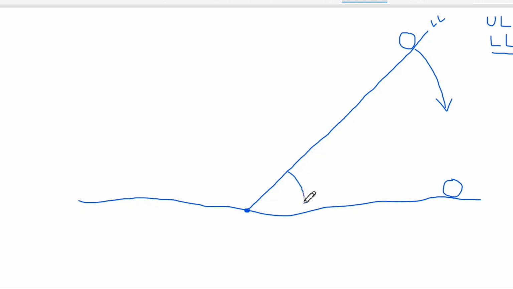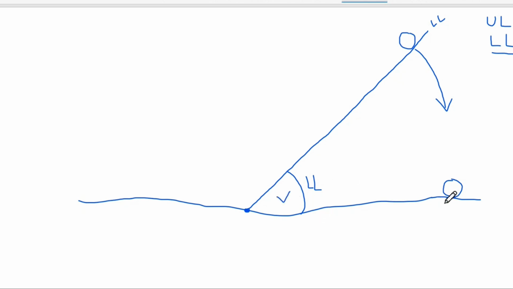So basically this is the lower limb altitude of the sun. Now in case of a back angle, this was a normal observation. We would bring the lower limb of the sun and when it touches the horizon, we measure that angle on the sextant and it will be this angle. Okay, the blue angle which we have shown in the diagram.